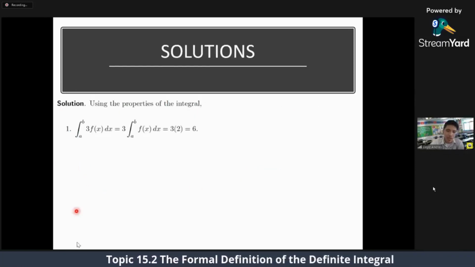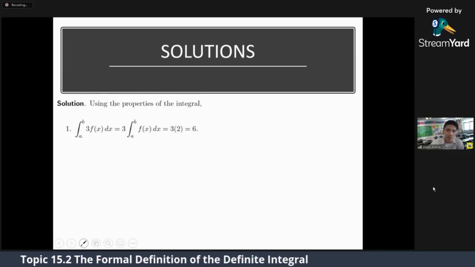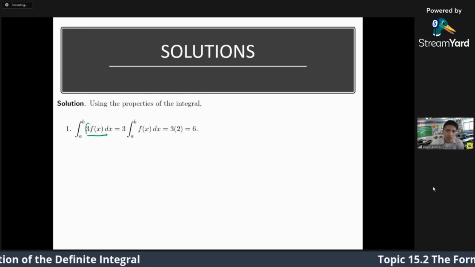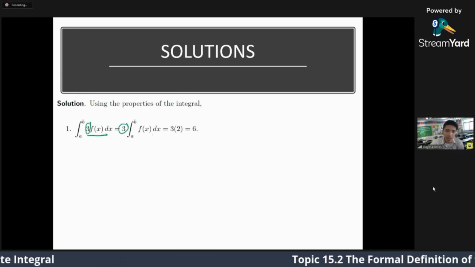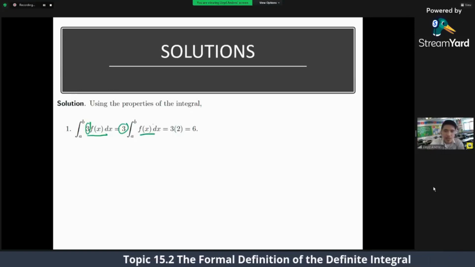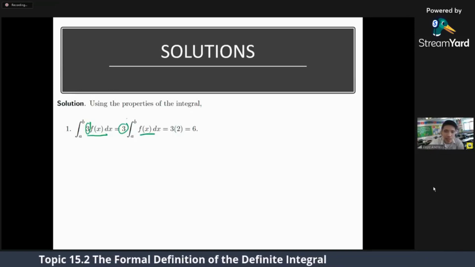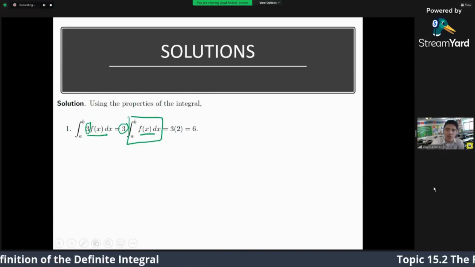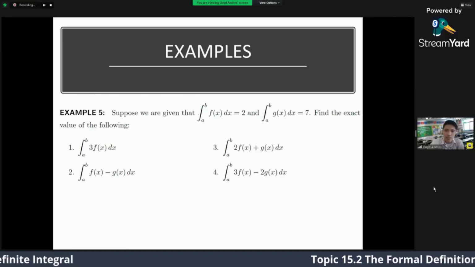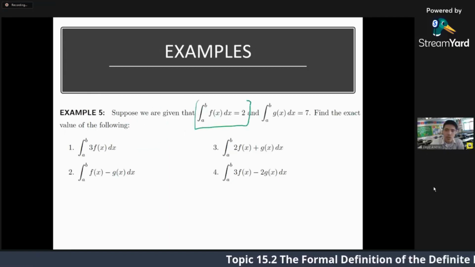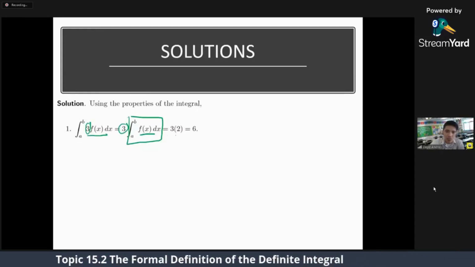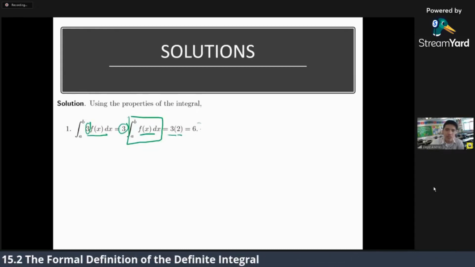So the first one, since kani ang given, we can kaning 3 pwede natin palabas para kana na lang atong problema. And then based from the given, kaning integral of f of x dx from a to b, 2 daw na. So therefore, i-multiply lang nimo 2 si 3. So mao na 6.